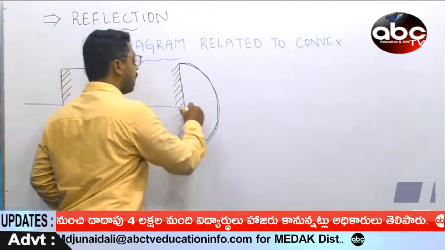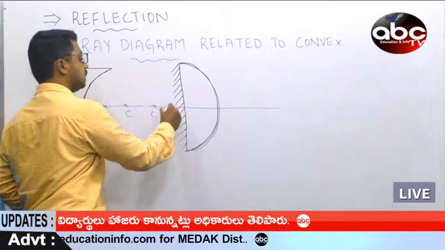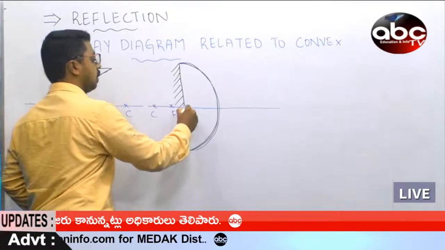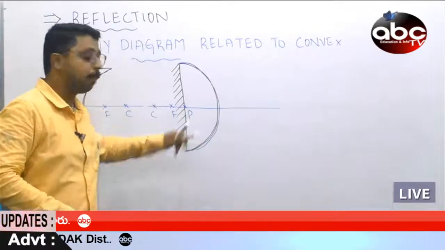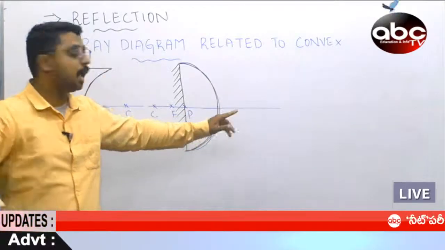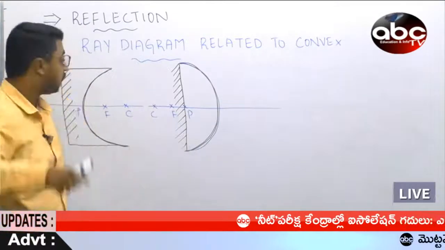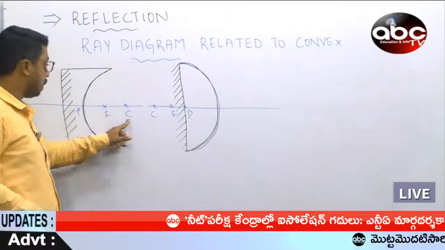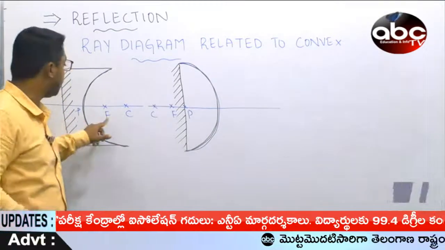You are able to expect the center of curvature, focus and pole on the inner portion. On the active side, you are not going to possess any of these points. Whereas in the concave mirror, you are able to possess all the points or all the terminology on the active side.